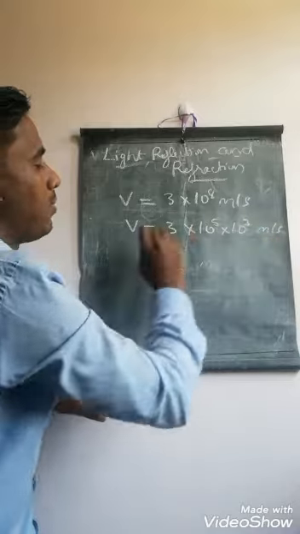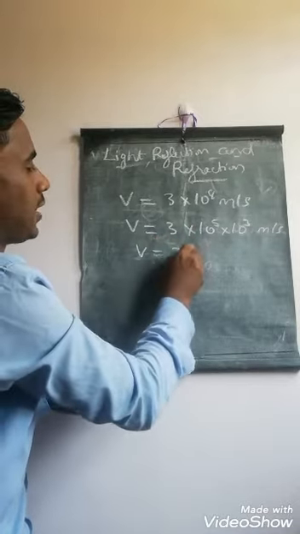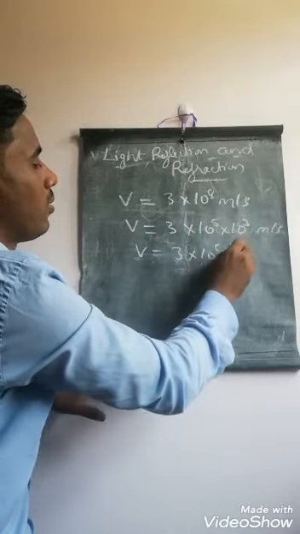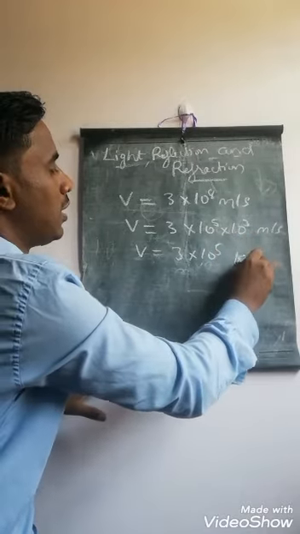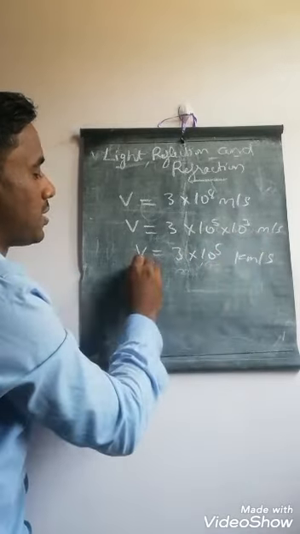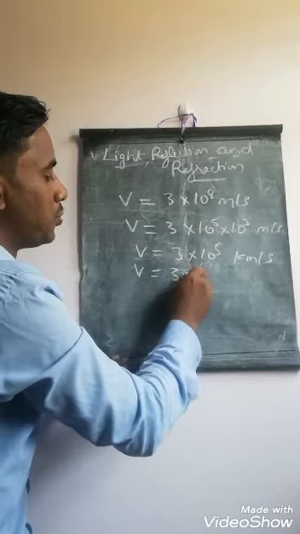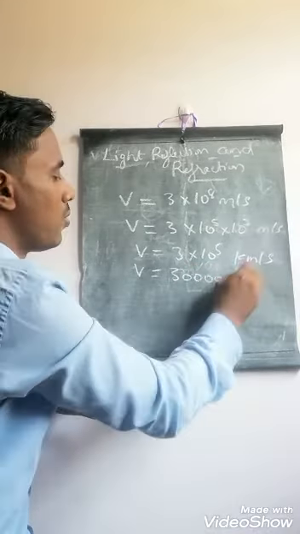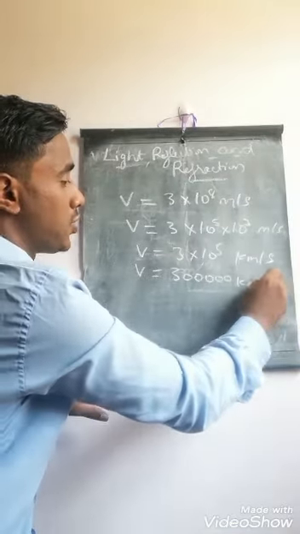So 10 power 3 meter per second, I will be converting it as 3 into 10 power 5 kilometer per second. So after 3, 5 zeros, 1 2 3 4 5 zeros, kilometers per second.